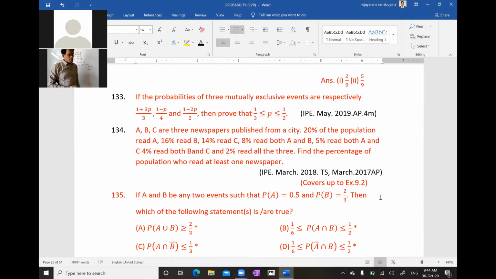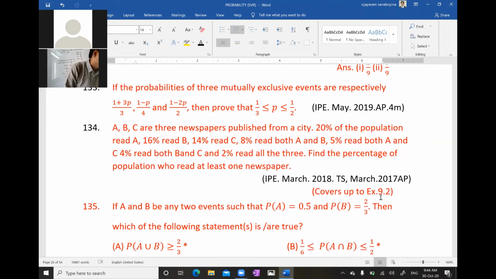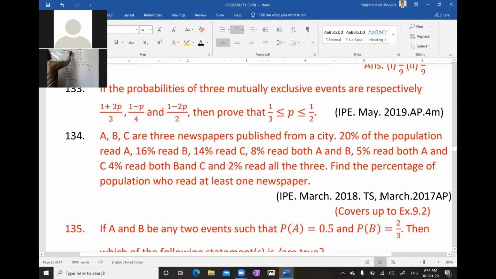If the probabilities of three mutually exclusive events are respectively given: 1 plus 3p by 3, 1 minus p by 4, and 1 minus 2p by 2.